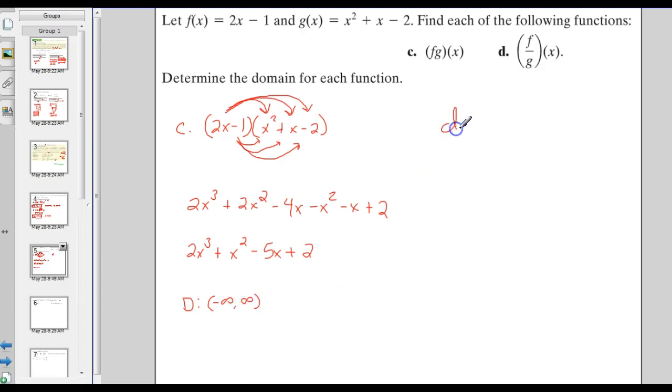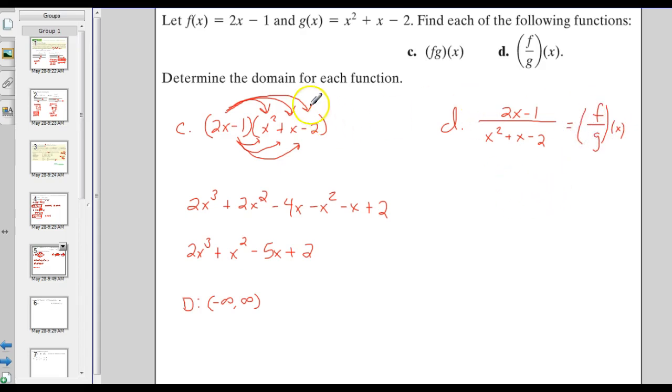Now D. F of x is 2x minus 1 on the top. G is on the bottom, so that's x squared plus x on the bottom. This is f divided by g of x, so there's our function.